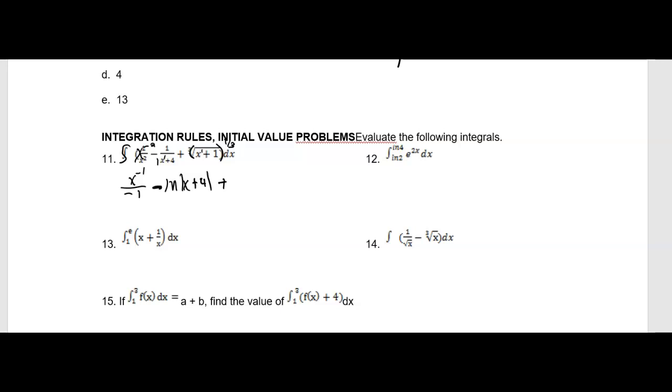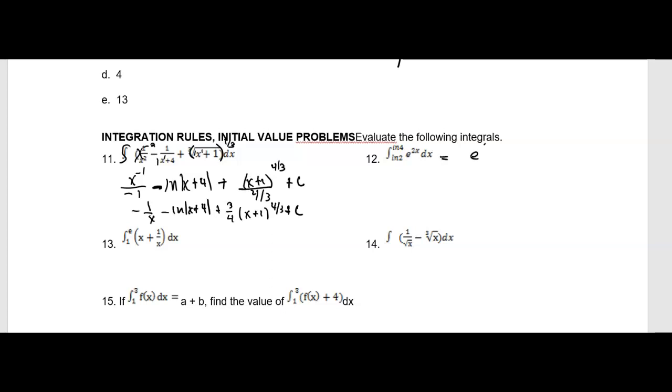As long as this has a power of 1 and a coefficient of 1, we don't have to worry about the inside and having to do u substitution or anything. We would just do x plus 1 to the 4/3. We would divide by 4/3, and then we always want to do our plus C. So negative 1 over x minus the natural log of the absolute value of x plus 4, and then this would be 3/4, and then x plus 1 to the 4/3.